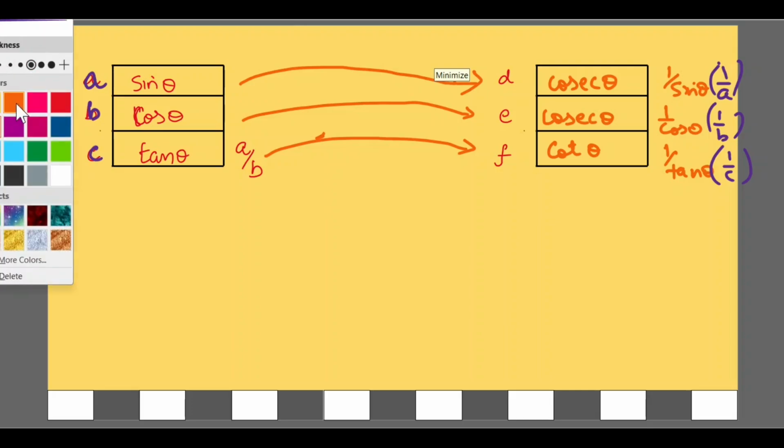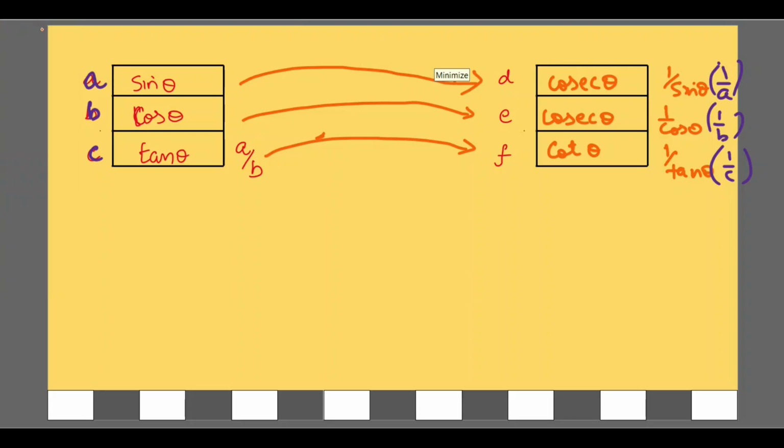So let me show. If you just remember sine and cosine theta, sine is the starting point, then you get cosine theta. If you divide sine by cosine, that means sine is in the numerator and cosine is in the denominator, like this, sine theta by cosine theta, it is tan theta.